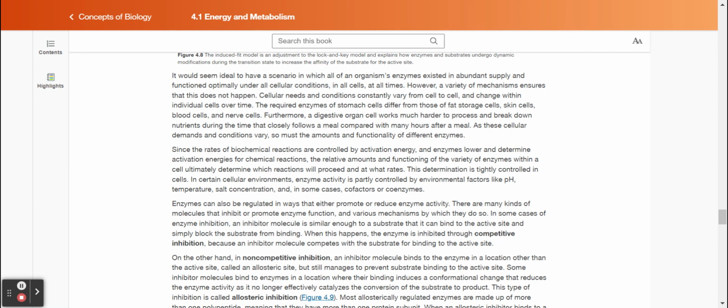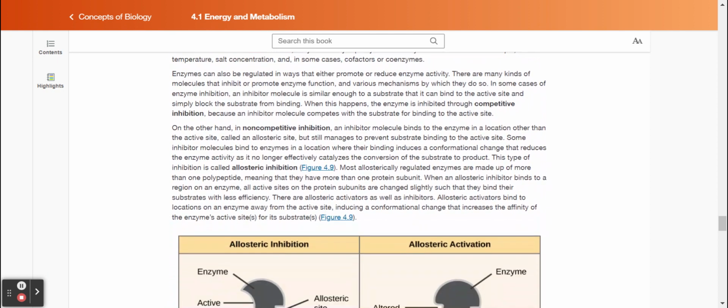In certain cellular environments, enzyme activity is partly controlled by environmental factors like pH, temperature, salt concentration, and, in some cases, cofactors or coenzymes. Enzymes can also be regulated in ways that either promote or reduce enzyme activity. There are many kinds of molecules that inhibit or promote enzyme function, and various mechanisms by which they do so.